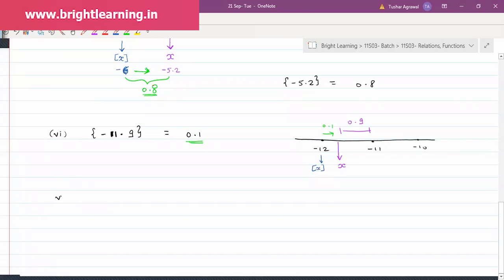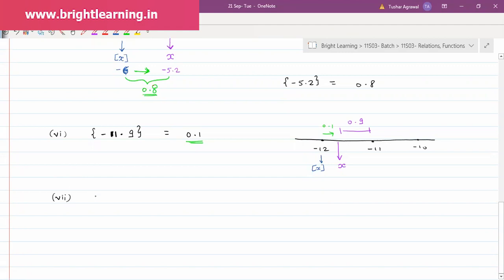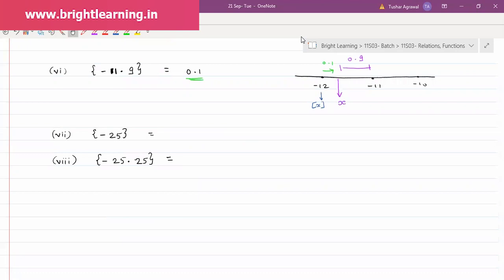So now, two questions. Minus 25 fractional part is equal to, and let's say the last question. Yes, Pujita, correct.